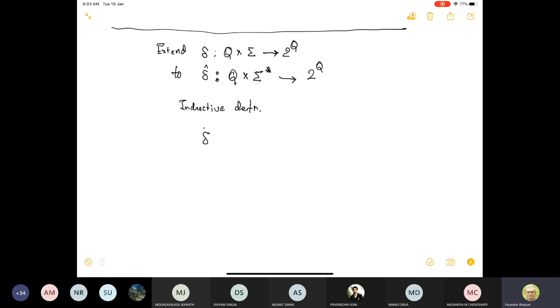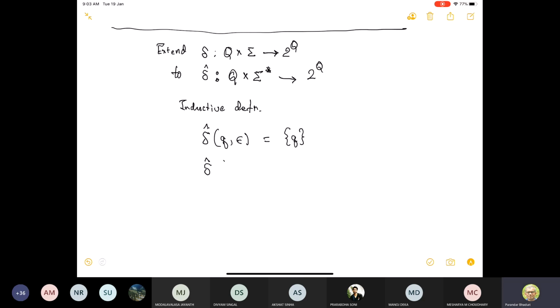For the empty string, the set of states that are reached is just the set containing Q itself and nothing else, right?